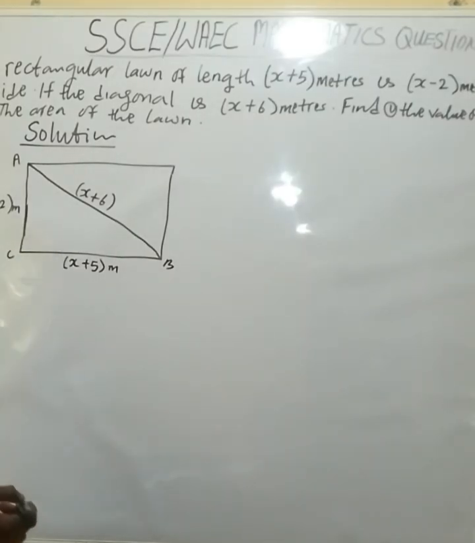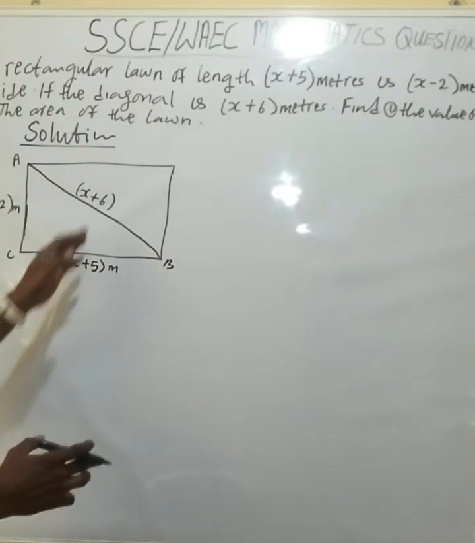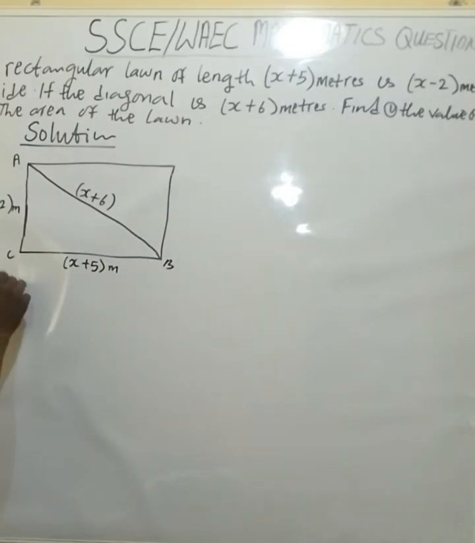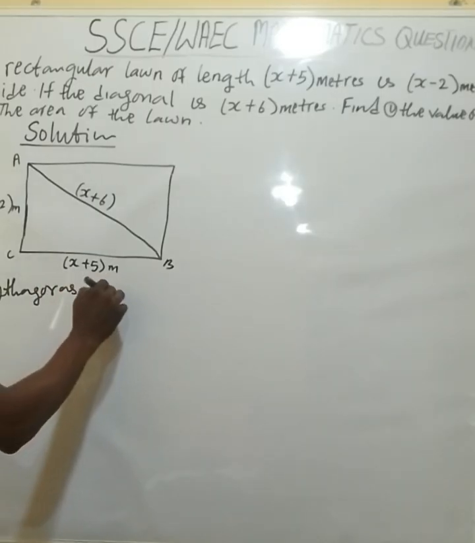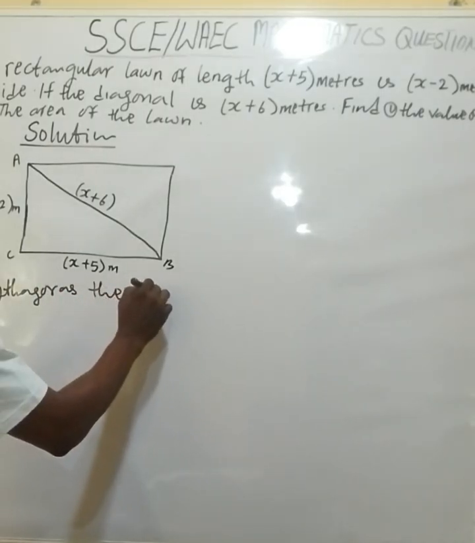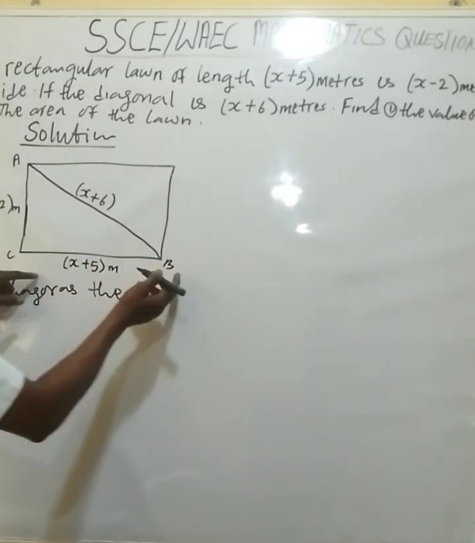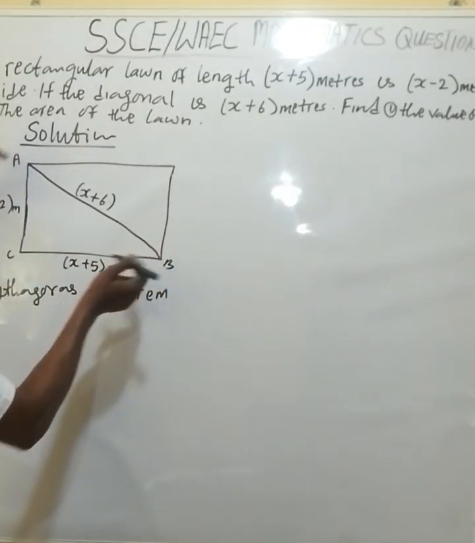Are we together? Now, once you are given the three sides, we are going to use what we call the Pythagoras theorem. And the Pythagoras theorem states that the sum of the squares of these two sides equals the square of this side.